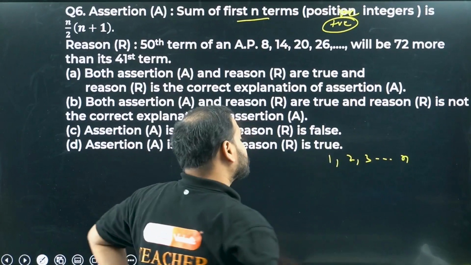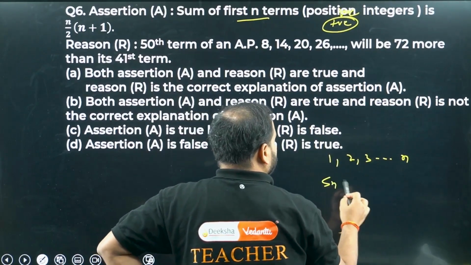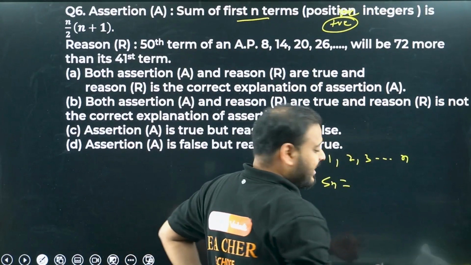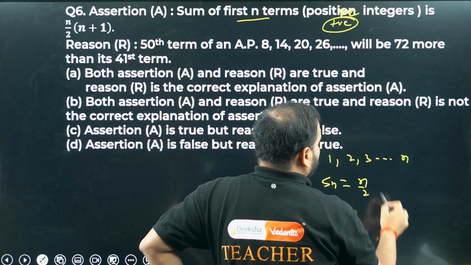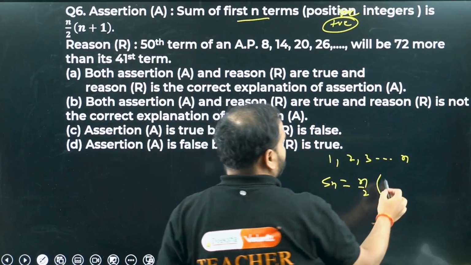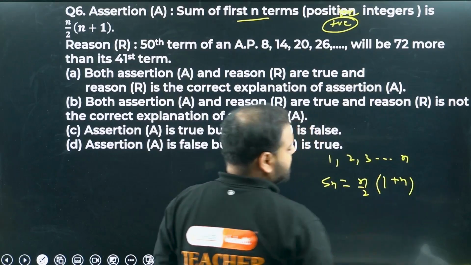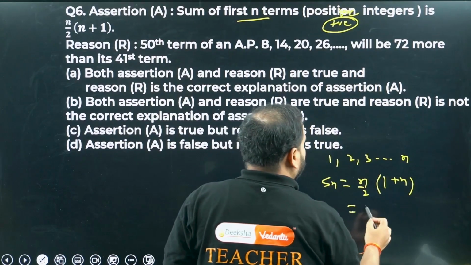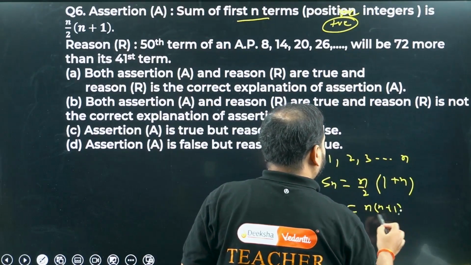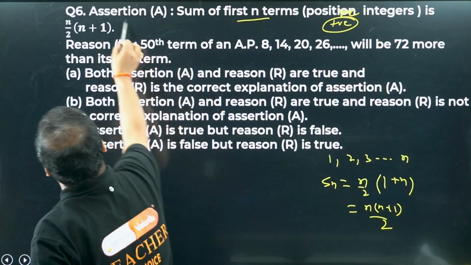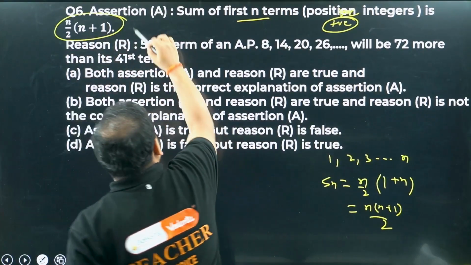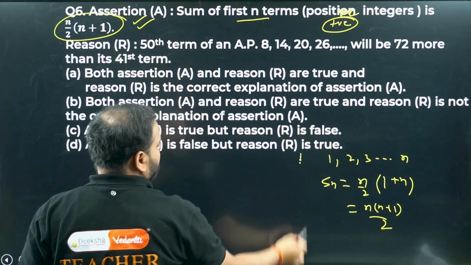Sum of first n terms means Sn equals, how many terms are there? N terms. So n by 2. What is the first term? 1, sir. Last term? N, sir. What's the answer? N times n plus 1 by 2. Same thing written over here. So the assertion is correct. Let's check the reason.